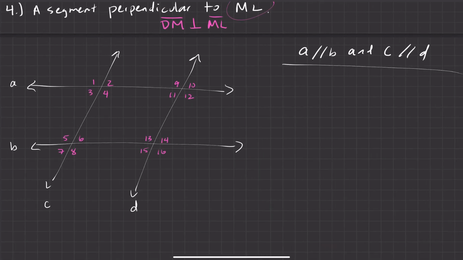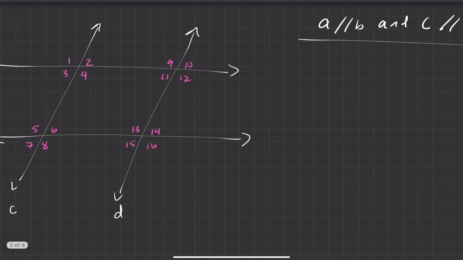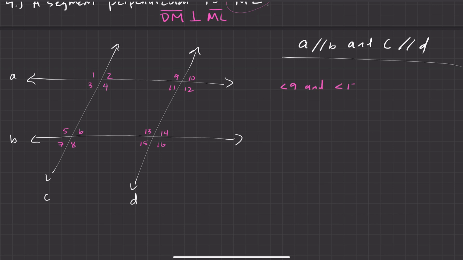I think it'd be best if you have space or an extra sheet of paper. It'd be better if you just redraw what it's asking you. So for instance, if I have 16 angles here, and I ask you, let's take a look at angle 9 and angle 13.